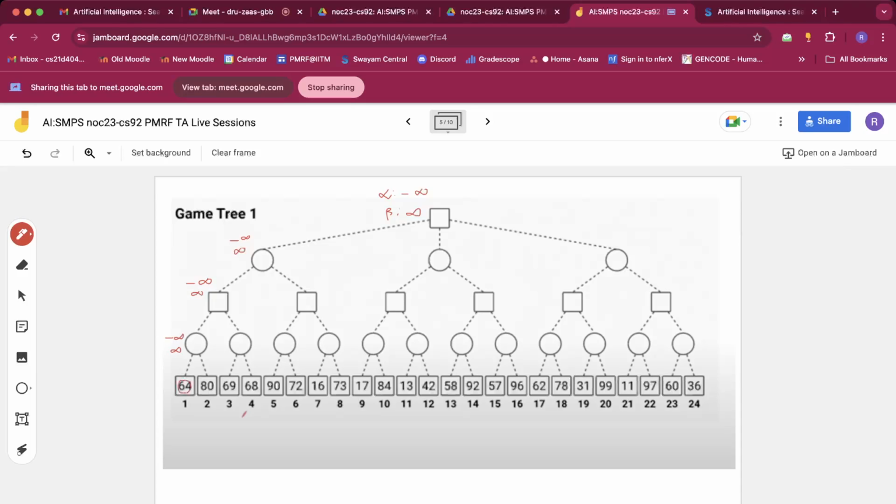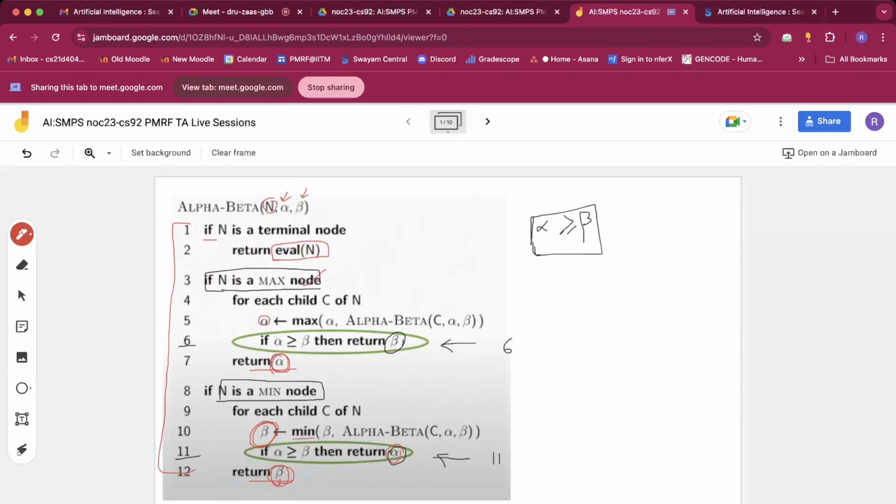Now this has been evaluated to have a value of 64, and this is a min node. So what changes will now happen? Remember, it's a min node, and the leaf node is a terminal node, and the node immediately above the terminal node is a min node.